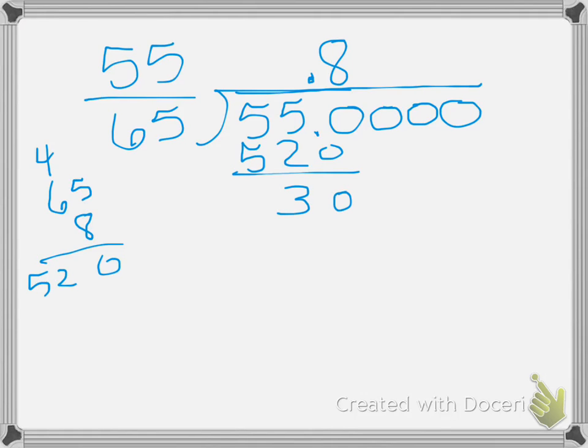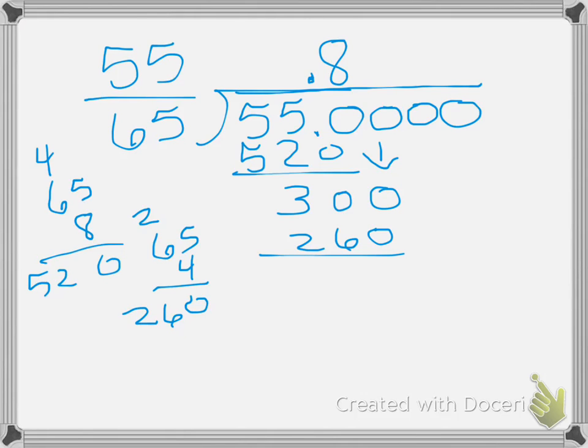Then I have 3, 0. Drop my next 0 down. It's going to go into that 4 times, probably. And that's 20, 24, 26. Alright, so I'm going to put 4 up here. And then 40 there.